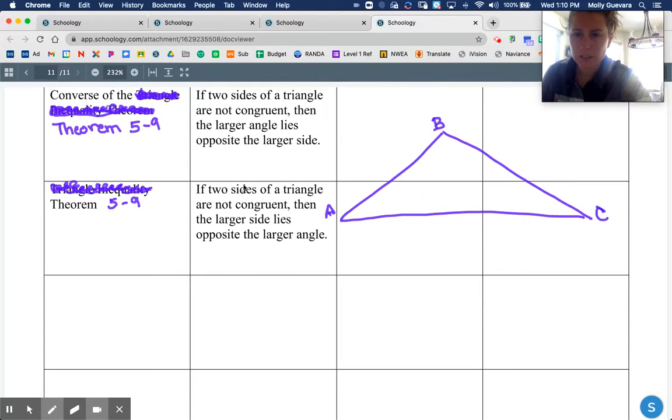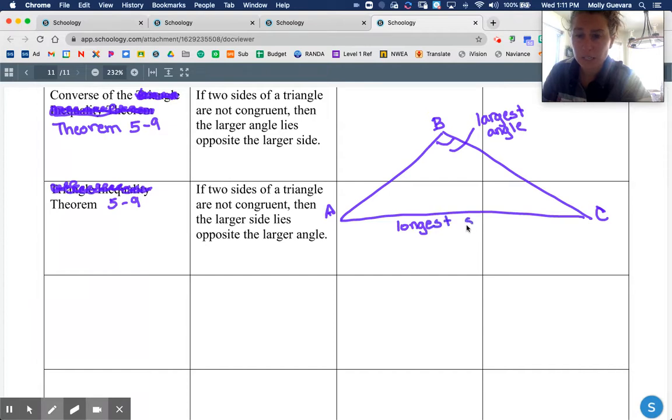So here's my triangle ABC. This is the largest angle. I think we feel pretty confident in that, right? Since that is the largest angle, across from it is side AB, so this is the longest side.